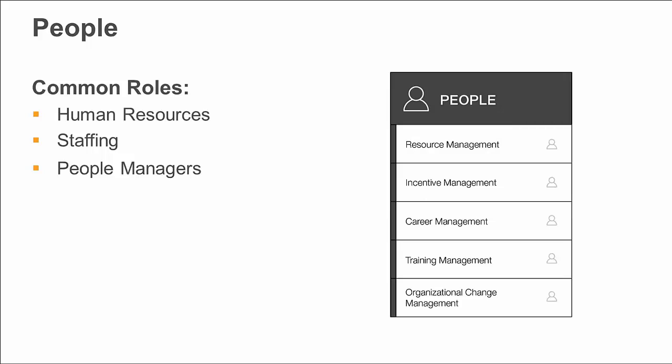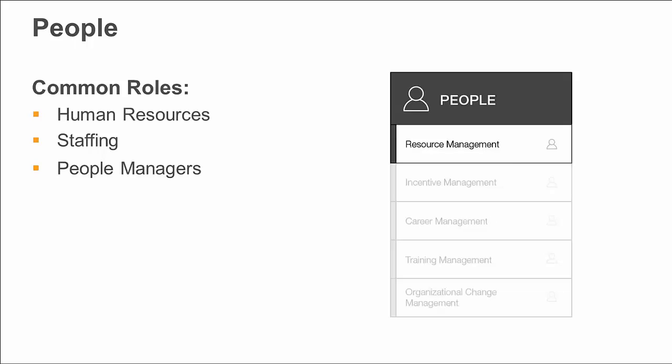The next perspective is people. And really what we see here are roles around human resources, staffing, and of course, people managers. To go through each one of these, to start with resource management, if your time to hire is 3 months or 4 months based on your available pool, and all of a sudden you're looking for these somewhat rare cloud-capable resources, a lot of how you think about that has to shift.